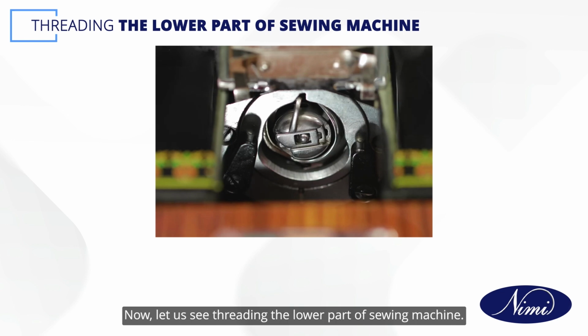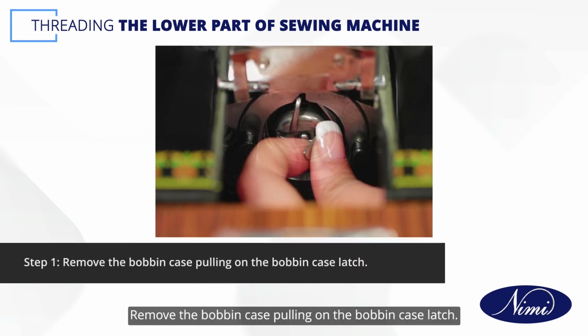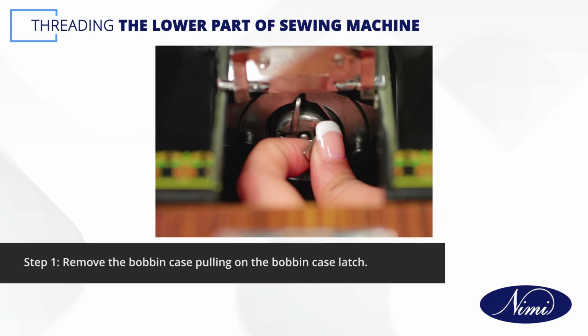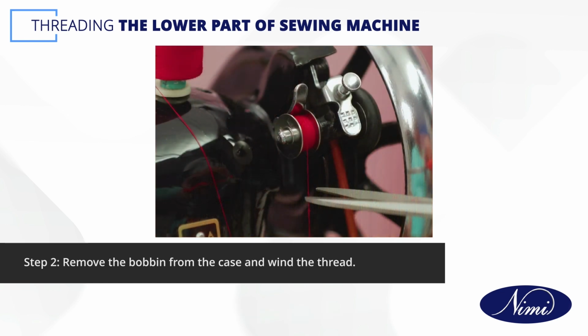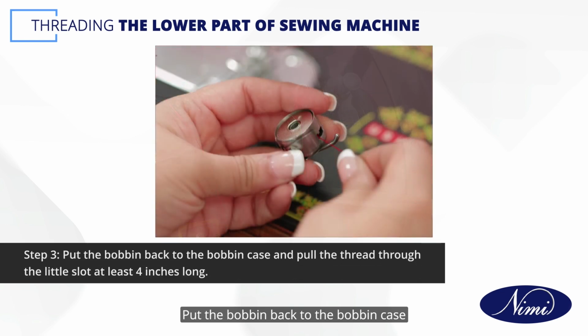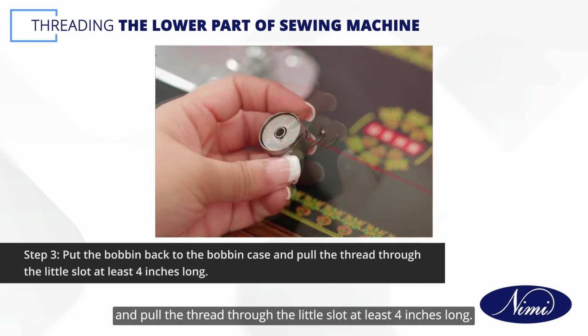Now let us see threading the lower part of sewing machine. Remove the bobbin case pulling on the bobbin case latch. Remove the bobbin from the case and wind the thread. Put the bobbin back to the bobbin case and pull the thread through the little slot at least 4 inches long.